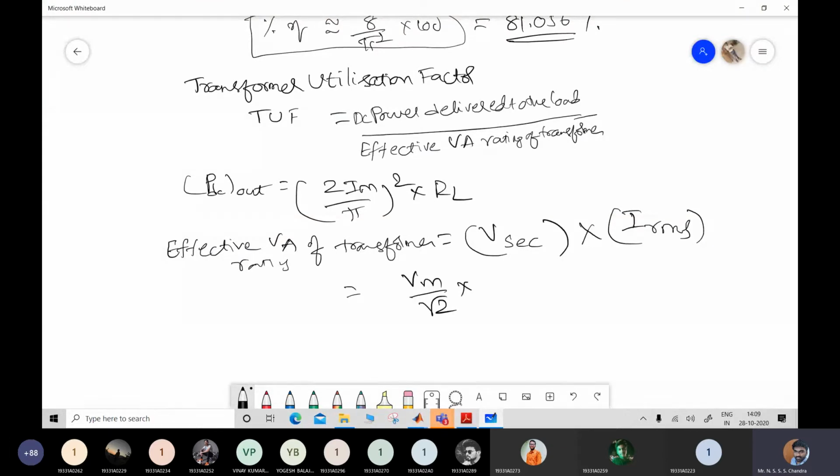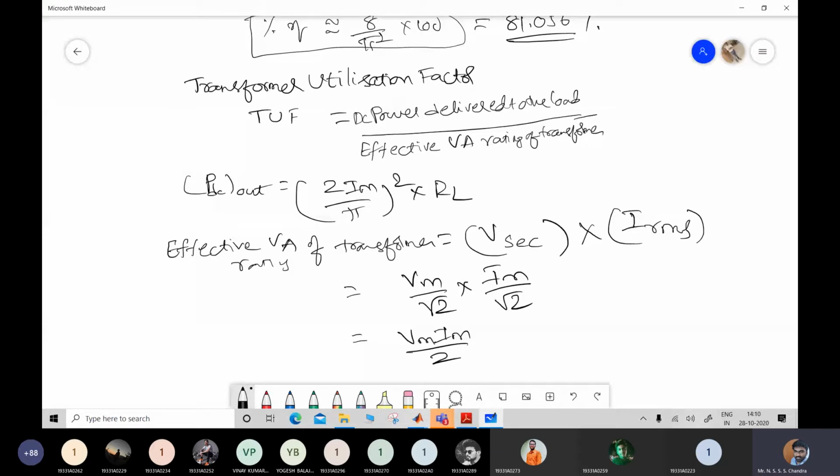What is IRMS? IRMS is Im by root 2. So the VA rating is Vm Im by 2.